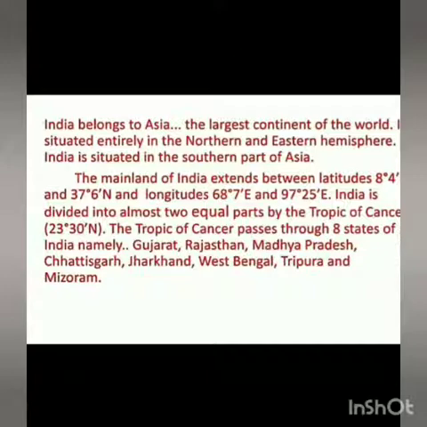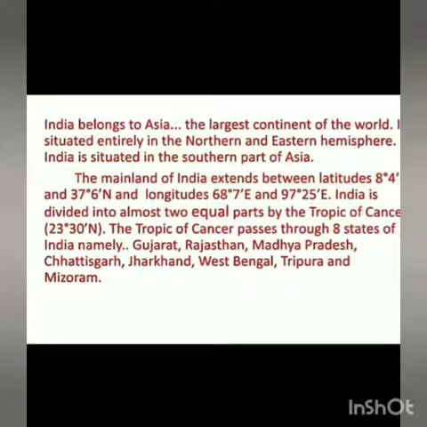India is divided into almost two equal parts by another important latitude, that is the Tropic of Cancer. The Tropic of Cancer, which is located at 23 degree 30 minutes north, passes almost at the center of India, and it divides India into almost two equal parts.